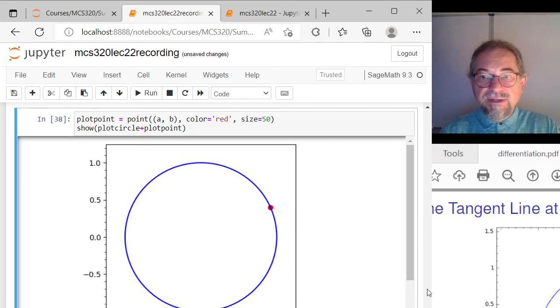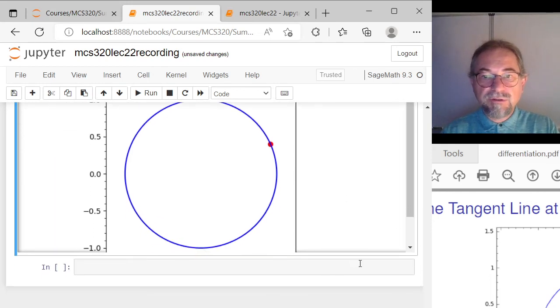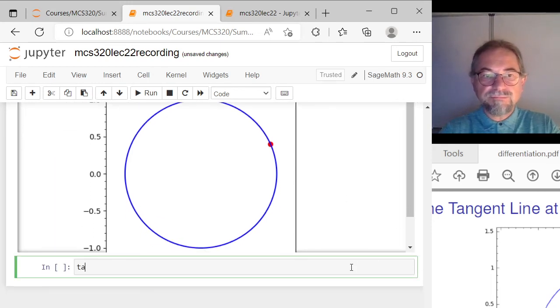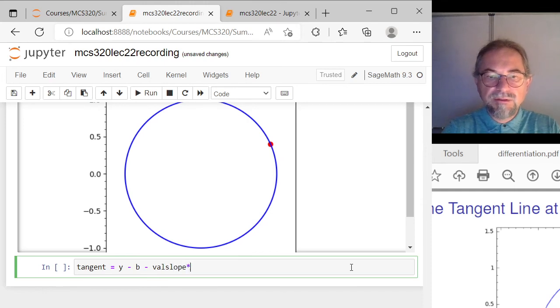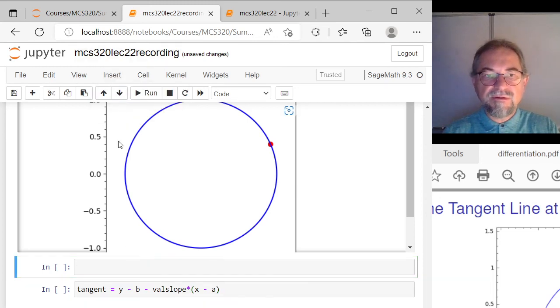Lastly, let me now make the drawing for the tangent line. So the equation for the tangent line is y minus b equals, but I will do minus the value of the slope times x minus a. So perhaps if your calculus is a little bit off, it's a long time ago that you did these problems. So let me document this.